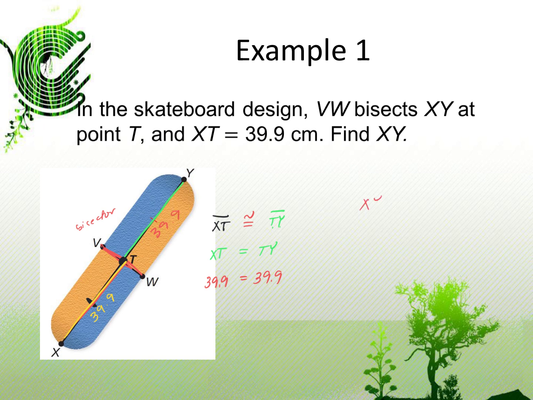So XY, which is both of them, is going to be 39.9 times 2, or 39.9 plus 39.9. So it's going to be 79.8. Because we know that XY, segment addition postulate, tells us that the whole thing is equivalent to the sum of its parts. So it's going to be XT plus TY.